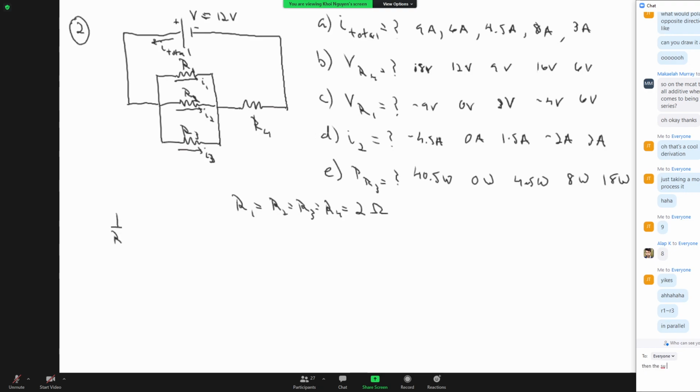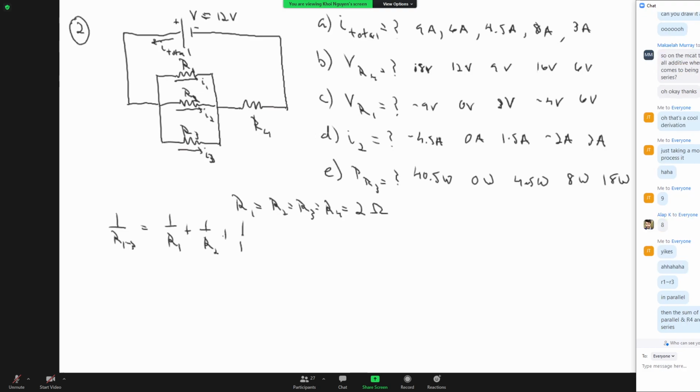So 1 over R1 through 3 is equal to 1 over R1 plus 1 over R2 plus 1 over R3. So find that and then sum it to R4. So this should be what? 1/2 plus 1/2 plus 1/2. That's 3 halves. So R1 through 3 is 2/3, right?